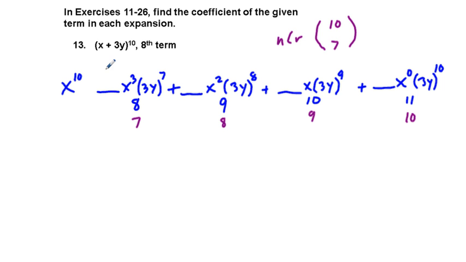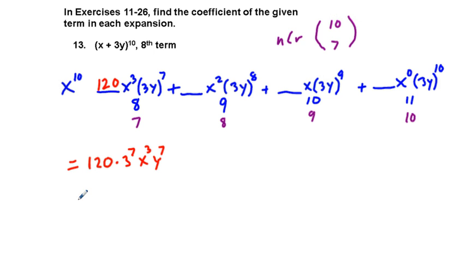So coming back here, I'm going to fill in 120 in this blank, and we're not interested in these others to the right. And so what we're going to have is this 120 times 3 to the 7th power, times x cubed y to the 7th power.